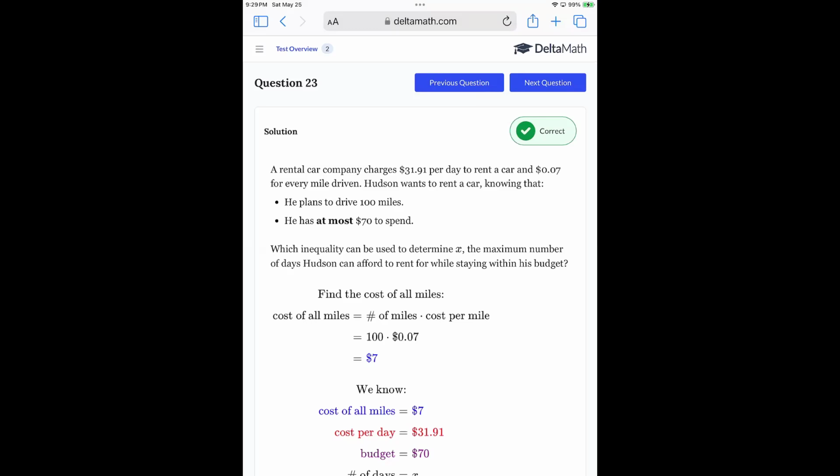So those are both linear slope concepts. So I knew that, but they also told us that he was going to drive 100 miles, so I could figure that part out. What I didn't know is how much he would be able to do per day based on the 31.91 per day. So anyway, I'm going to stop this and post it.